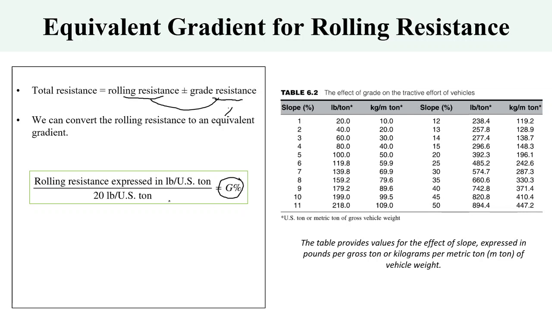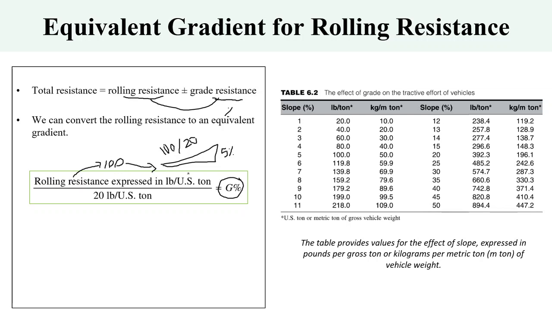If you're following me, for example, let's say the rolling resistance is 100 pounds per US ton. Therefore, it works like you are going up a hill with 100 over 20, or 5%.